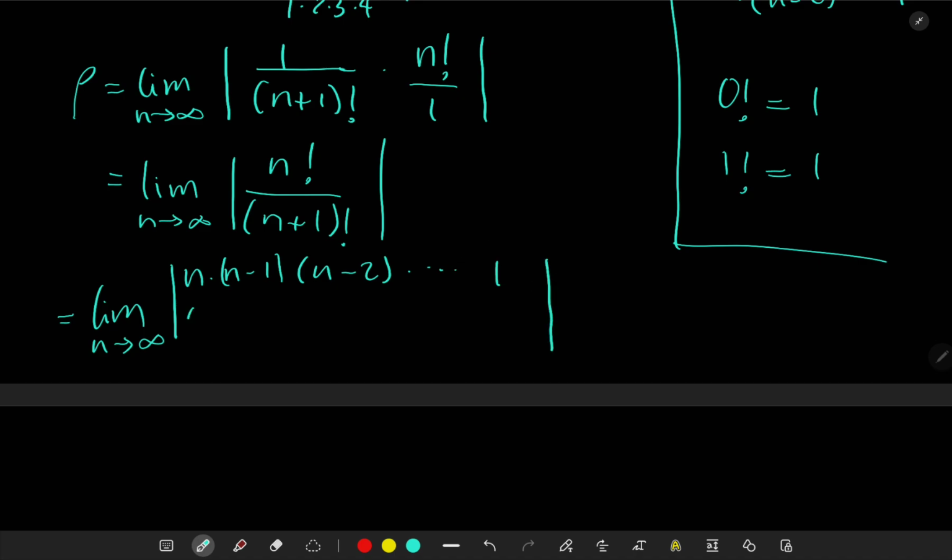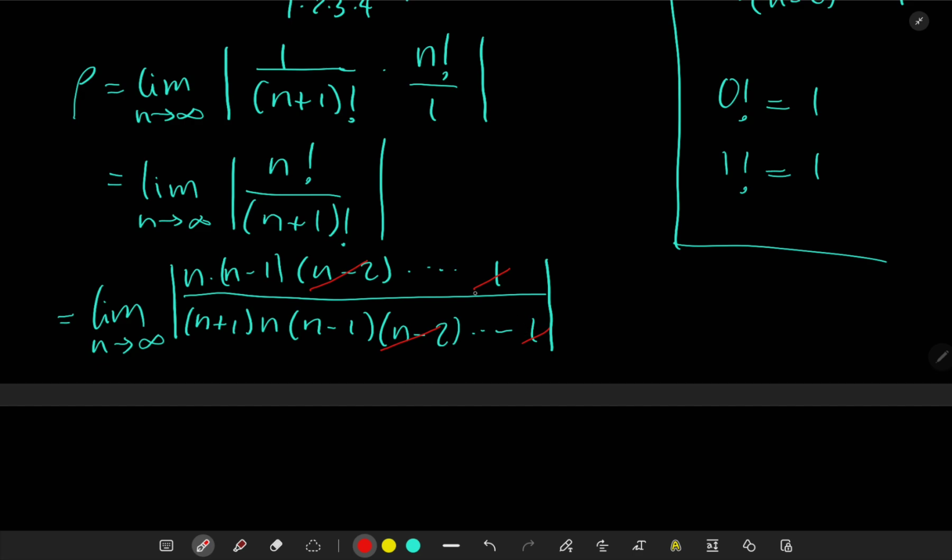Now for the n plus 1 factorial, you're going to have n plus 1 times n, times n minus 1, and you're going to keep going down, n minus 2, and you multiply all the way to 1. All the numbers all the way up to n are going to be there, so they will be canceling. The n minus 1 will cancel. The n, in fact, will cancel.